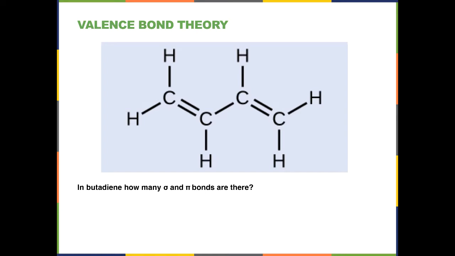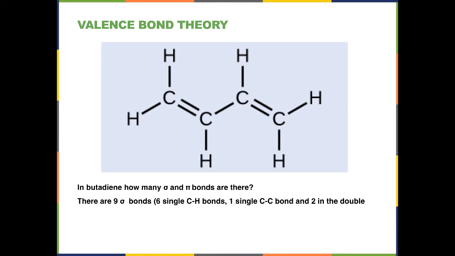So if you were to look at this molecule, which is butadiene, you could count how many sigma and how many pi bonds there are. So here we have 9 sigma bonds: the 6 single bonds that are between each carbon and hydrogen, 1 sigma bond between the carbons, and then 2 in the double bonds.